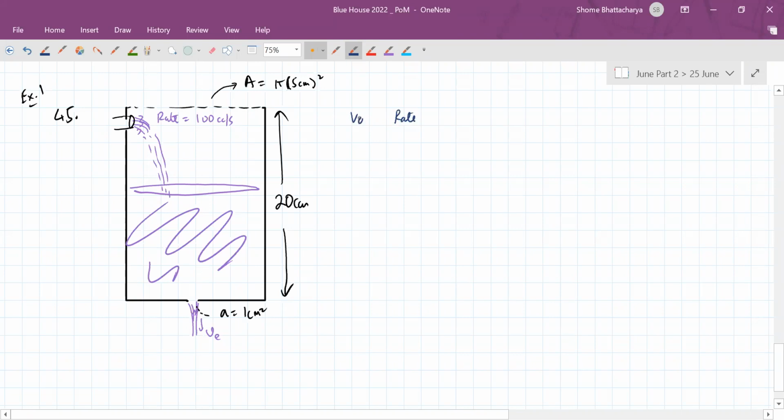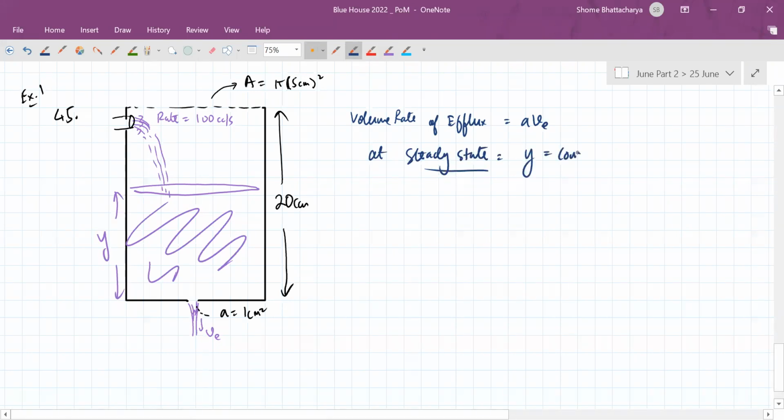The volume rate of efflux below is equal to A into V. So when the level of water, let's say this y, becomes stable, at a steady state, what they mean by steady state is that y becomes constant.